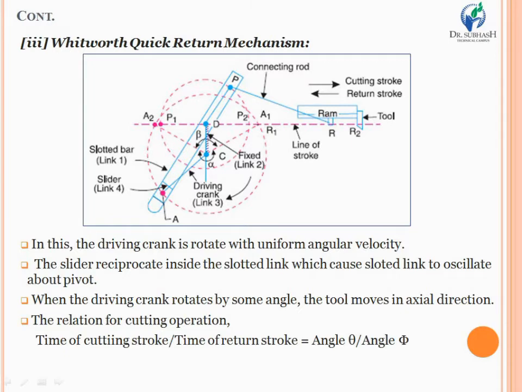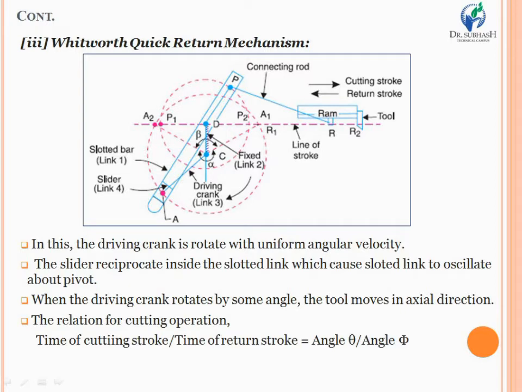One more thing about this quick return motion mechanism is that during the cutting operation we require slow motion of the ram, whereas during the idle stroke, that means whenever the ram moves from forward to backward direction, we don't require any cutting operation.